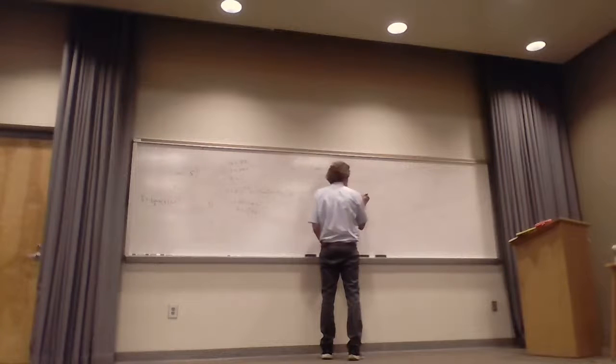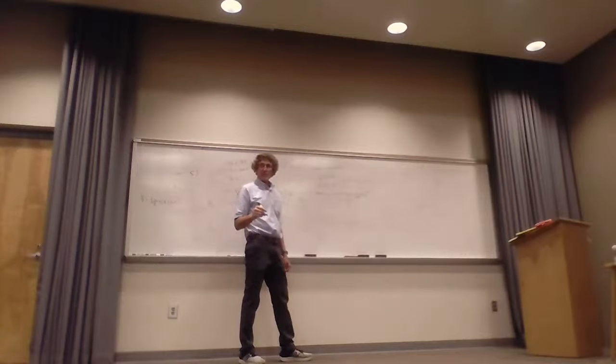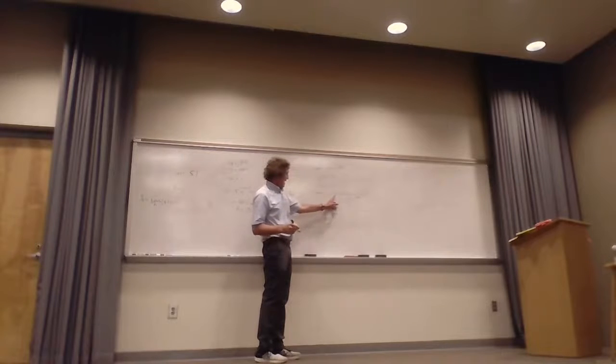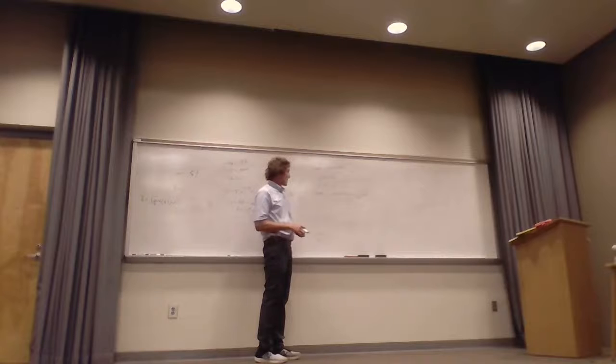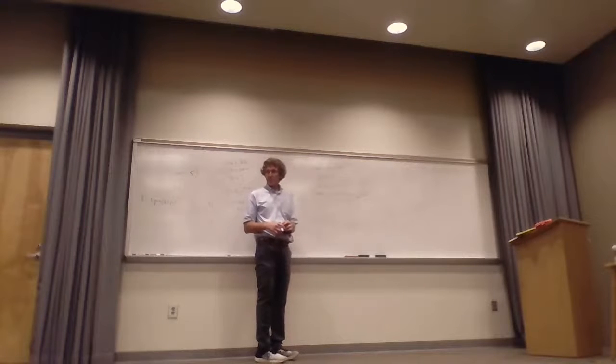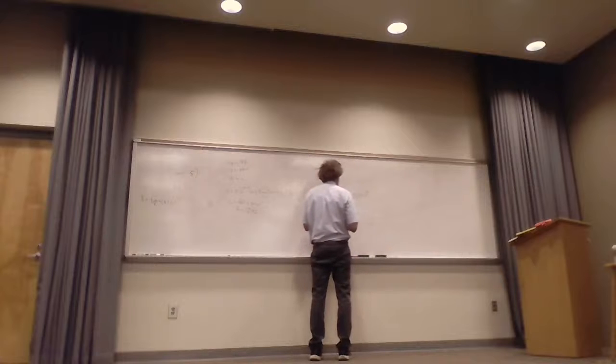Epsilon naught can be rendered a lot of different ways, but for this one I'm going to say 1 over 36 pi times 10 to the minus 9th, which would be farads per meter. Y'all familiar with that? Whitworth uses that a lot. The reason I did that is just to cancel the 2 pi and the 36 pi, right? I'll get 1 over 18 pi. Do you all agree with this? So I'm just going to put 18 down here.